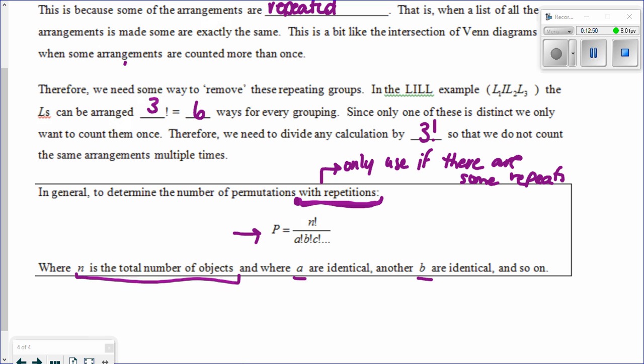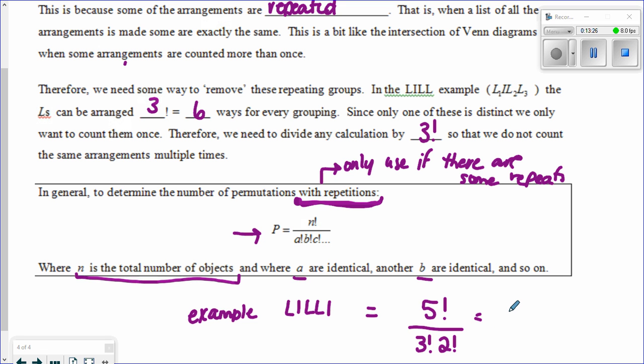So for the example of L-I-L-L-I, we had 5 things that needed to be arranged, 5 letters, 1, 2, 3, 4, 5. But we had some repeats. So we had a repeated letter of L, and we had it repeated 3 times, 3 factorial. We also had a repeated I, so that's 2 factorial.